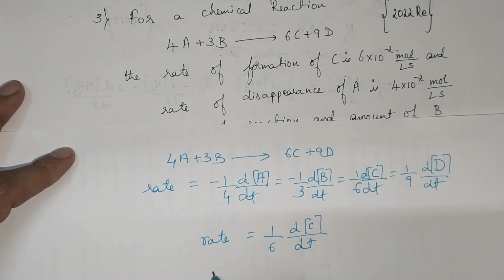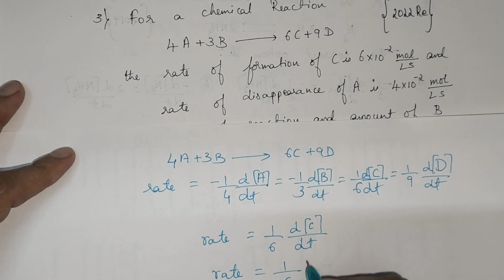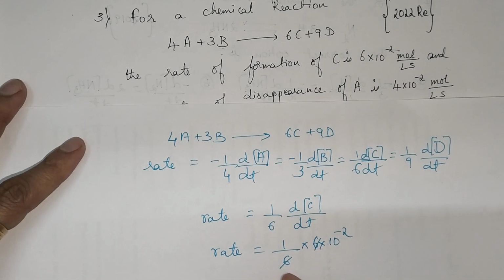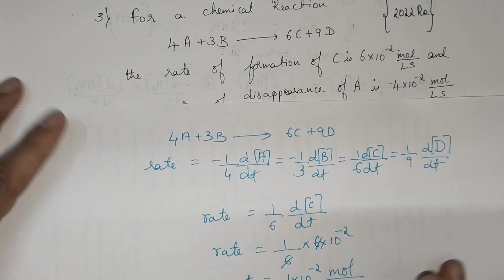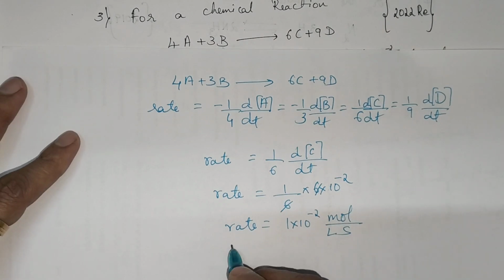Substituting it over here, we get the rate of the reaction is 1 by 6 times 6 into 10 raised to minus 2, which gives us rate is equal to 1 into 10 raised to minus 2 mole per liter second. So we have got the first part.